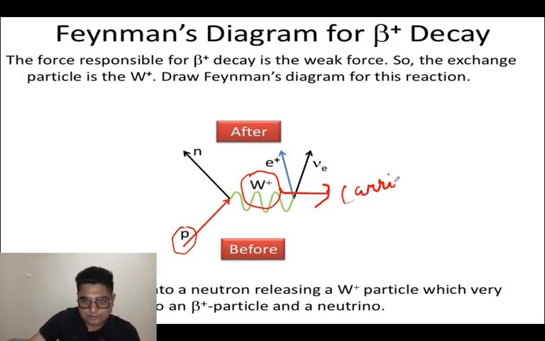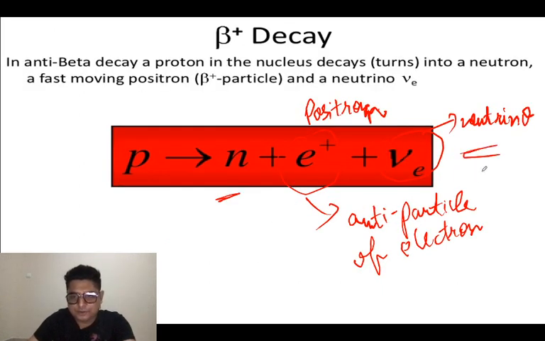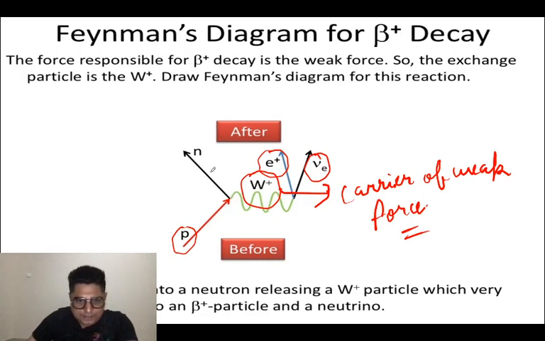I will write it down: carrier of weak force, and a fifth generation particle. So the W plus boson generates a positron and a neutrino accordingly, with the proton getting converted into a neutron. That's how the reaction takes place.